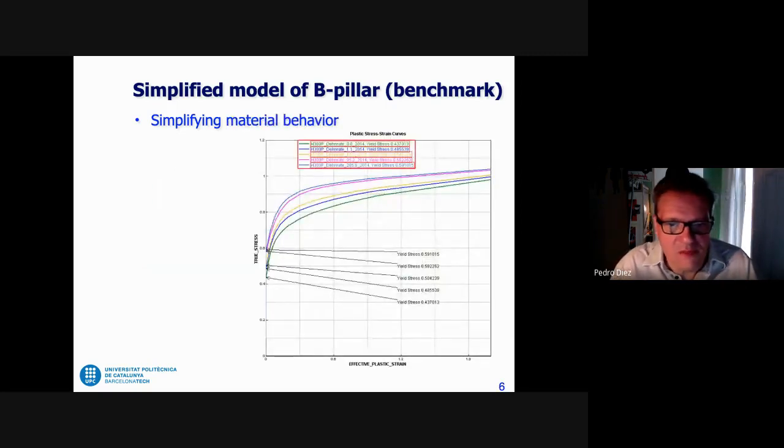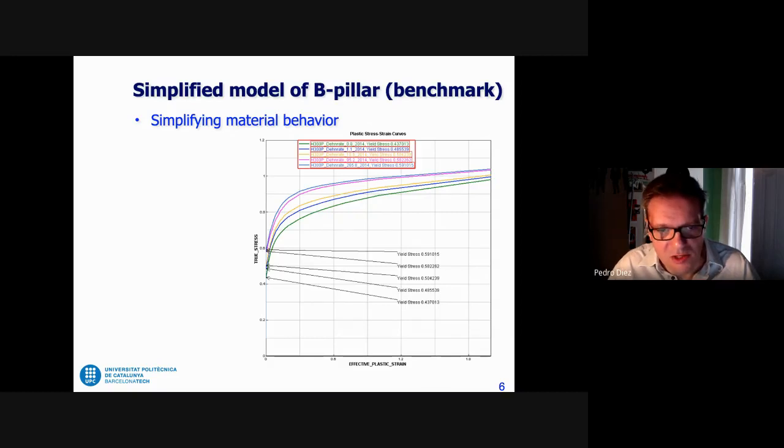The problem is that many inputs, like for instance the parameters characterizing the material behavior, may vary a lot in different circumstances. So we don't know exactly which type of material we're using manufacturing these pieces, and it is very important to have the range of possible solutions corresponding to all these variations.